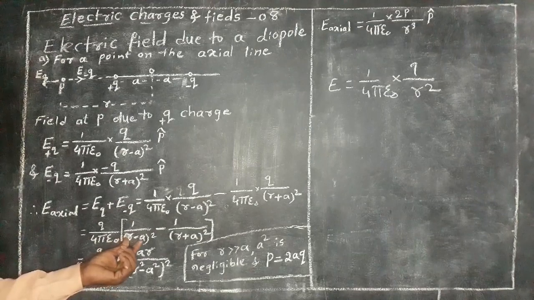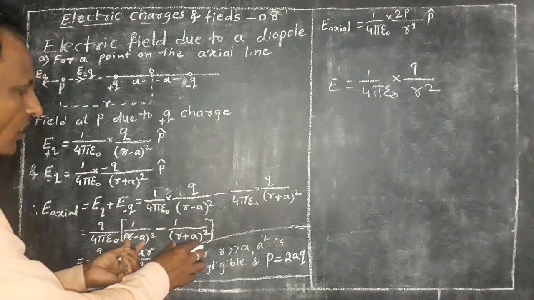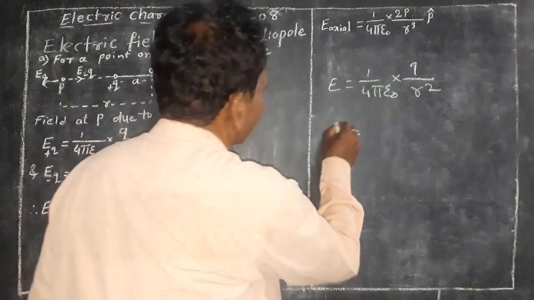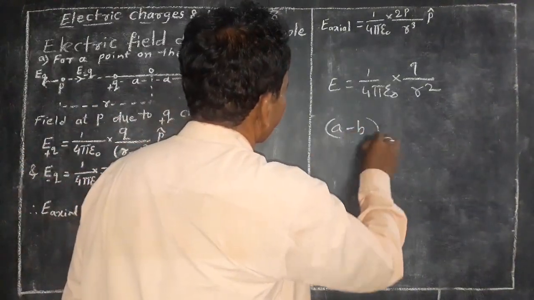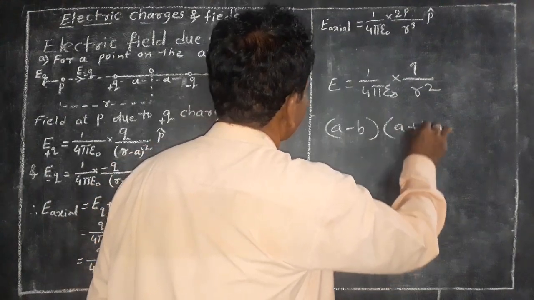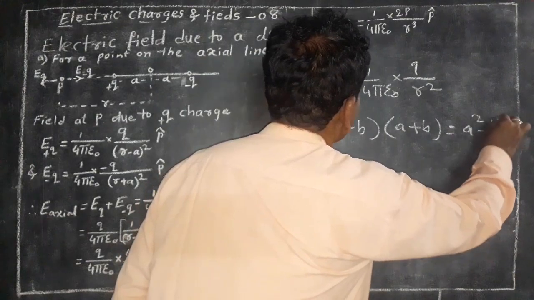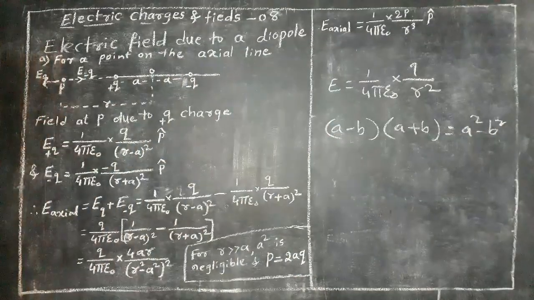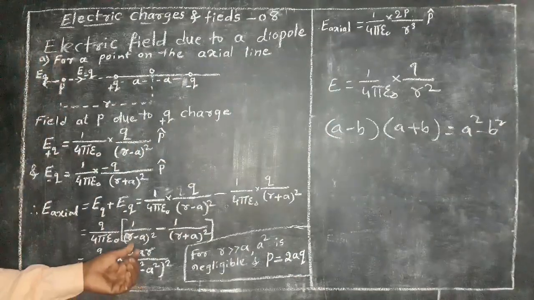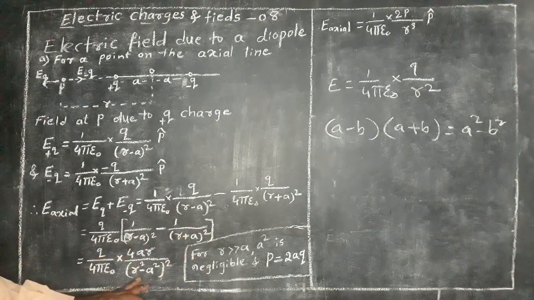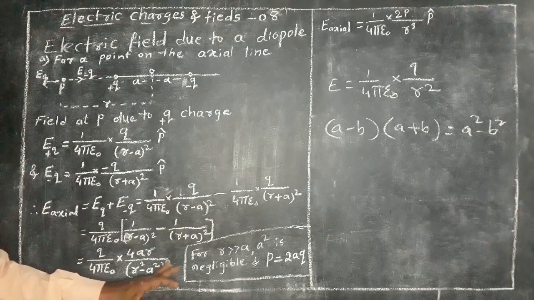This is of the form a minus b into a plus b. And we know that a minus b into a plus b is equal to a square minus b square. Therefore, R minus A whole square into R plus A whole square equal to R square minus A square whole square.